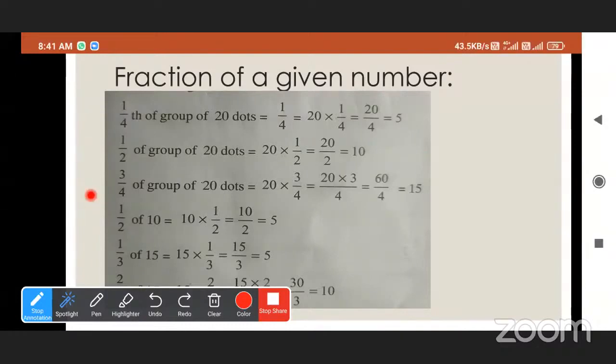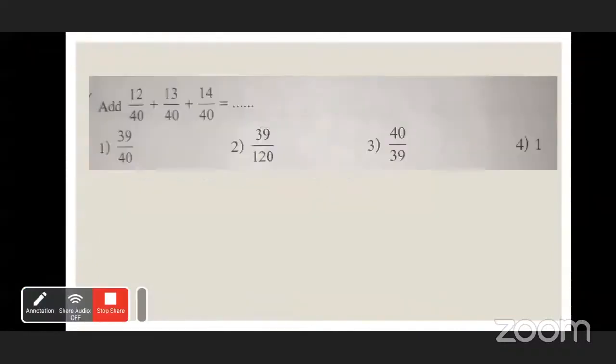Now half of 10: if we multiply 10 by 1 upon 2, we will get 5. Now 1/3 of 15 means 15 multiplied by 1 upon 3, then we will get 5 only.